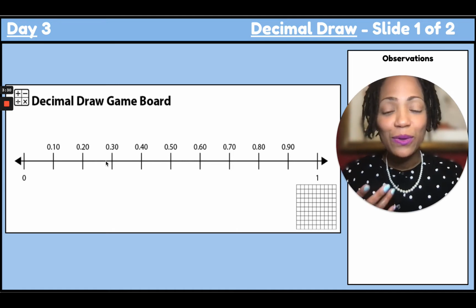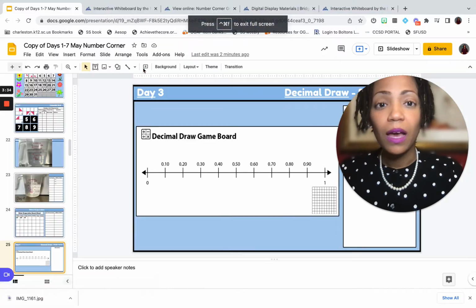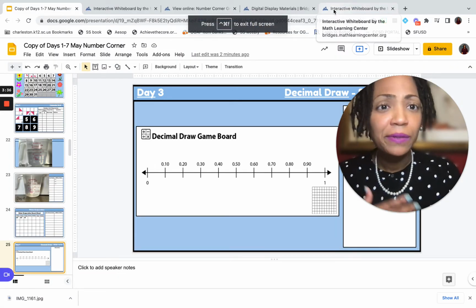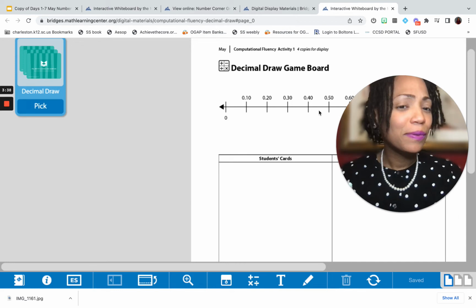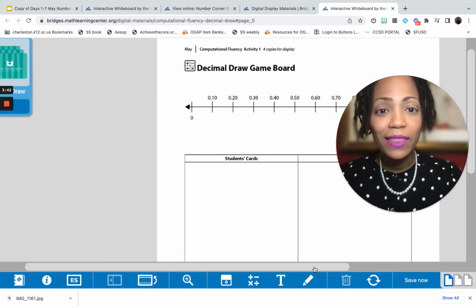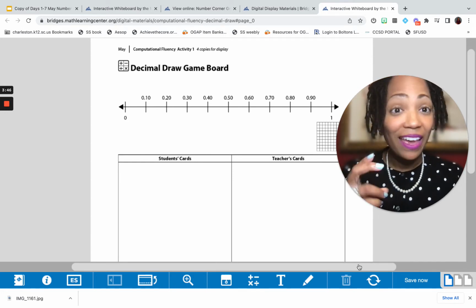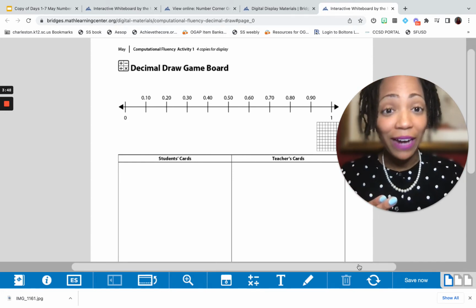Right? So in this game, I'm going to draw a card, you're going to draw a card. We're going to label where that number is on the number line in both decimal form and in fractional form.